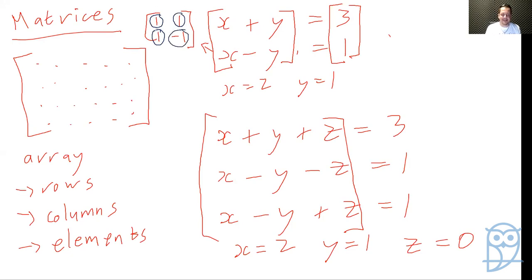So we can see that this matrix, or this array, has 2 rows, row 1, row 2, and then it also has 2 columns, column 1, column 2. Very nice.